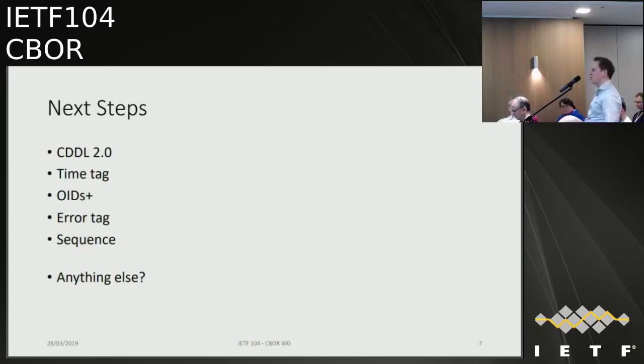One comment, the sequence stuff is actually quite interesting because based on the discussion, thinking RG and beyond, we're seeing more and more of these streaming kind of use cases, which we haven't been seeing before. And having good tools in the toolbox for handling those cases is pretty useful. And then another comment on the error tag reminded me, do we have capabilities of signaling errors within CBOR and also outside?